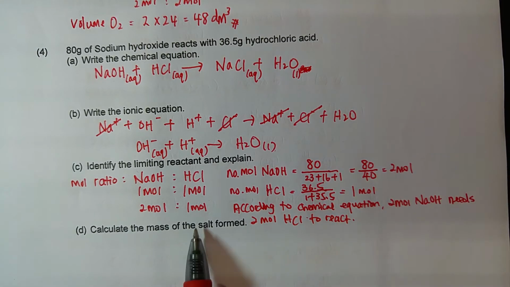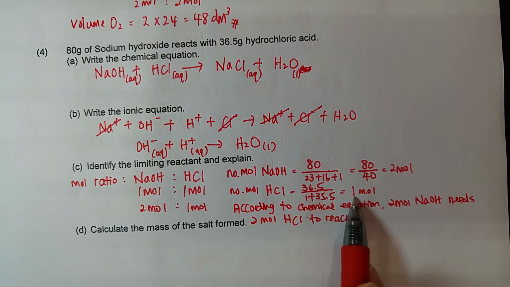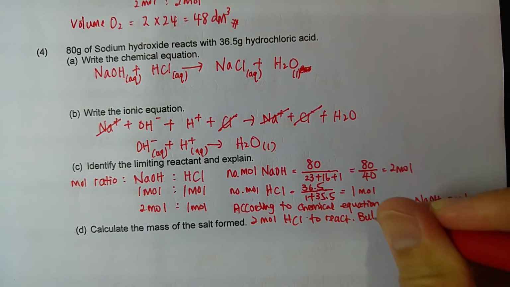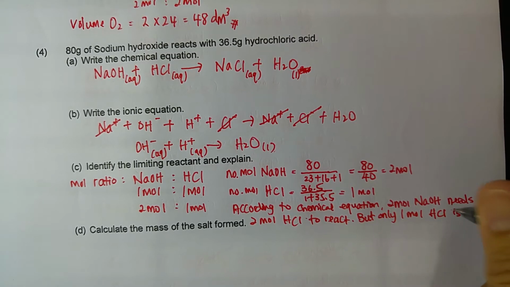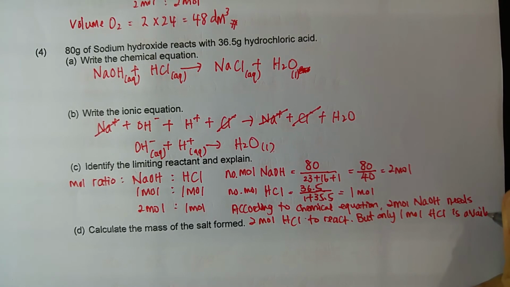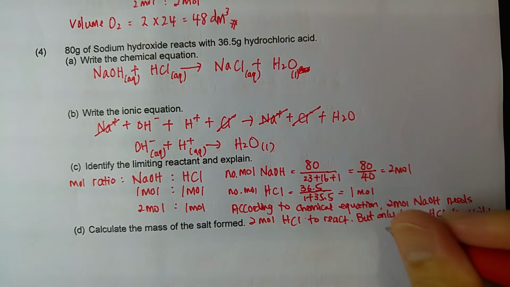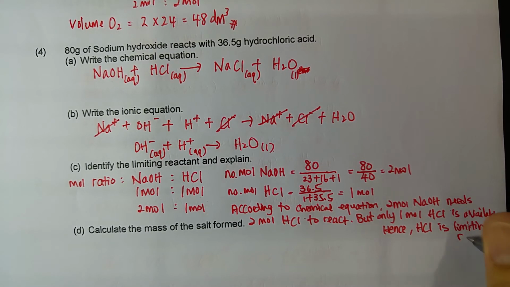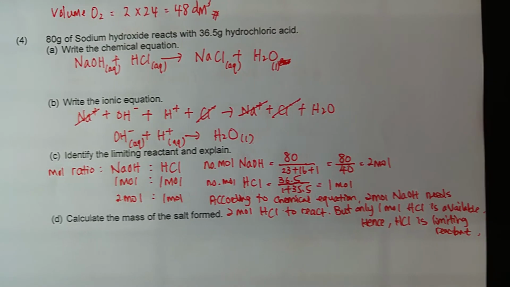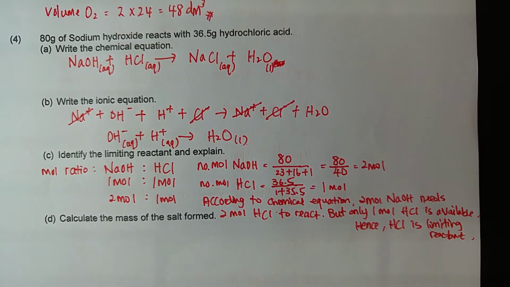But how many mole of HCl do I have? I only have 1 mole. Only 1 mole of HCl is available. Hence, HCl is the limiting reactant. Alright? So HCl is the limiting reactant.